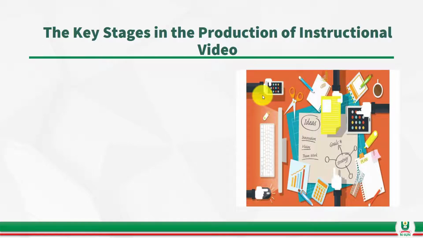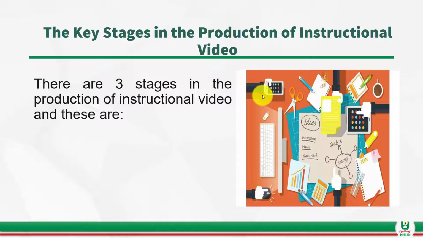Now, there are key stages in the production process of the instructional video, and you need to understand all the stages and what you need to do at each of the stages. Now, the 3 stages are the pre-production stage. This is the planning stage. You have not entered the production process. You have not introduced technology at this stage.